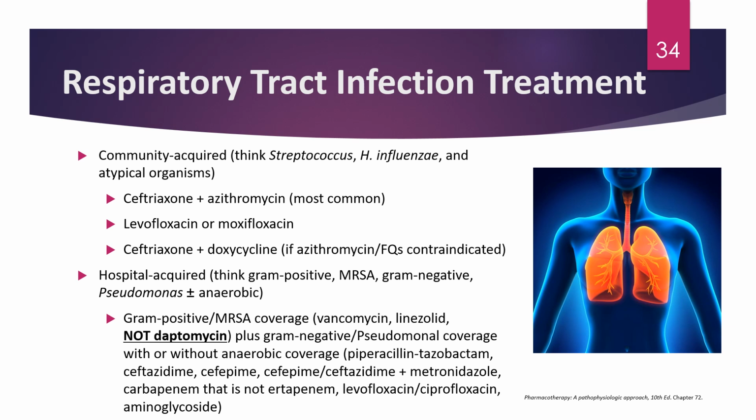Our atypical organisms are things like chlamydia, mycoplasma, and legionella. Remember that our macrolides, fluoroquinolones, and tetracyclines provide coverage for atypical organisms. So you're always going to see one of those in the treatment of community-acquired pneumonia, because atypical organisms account for about 25% of community-acquired pneumonias.